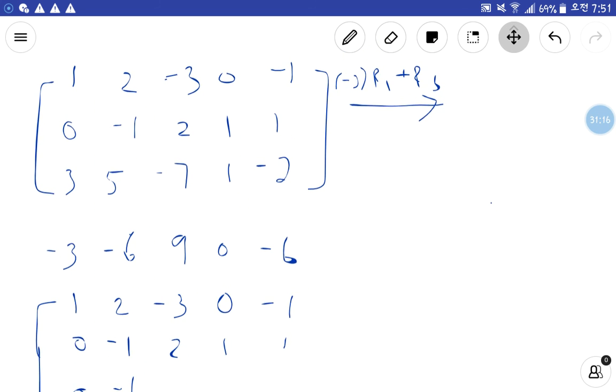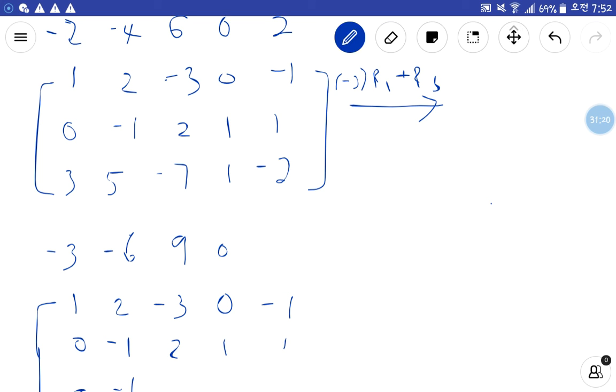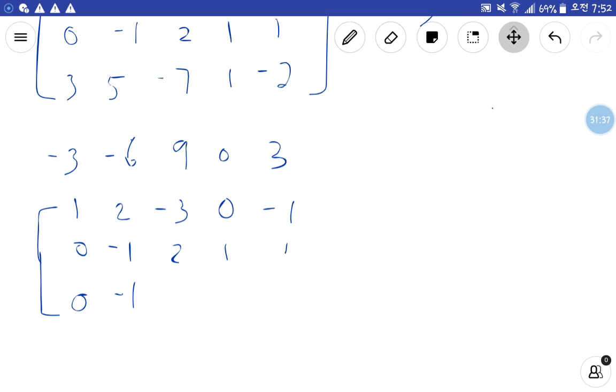Okay, yeah, I made a mistake here. That's positive 3, right? 1 times 3 is 3, 6, 9. Yeah, now good. Okay, so go down. You're going to add it to your third row. That's going to be 2, 1, 1. Oh, that's exactly the same.